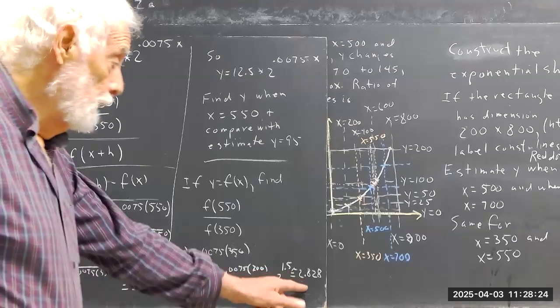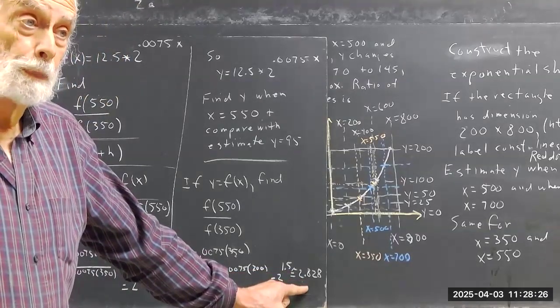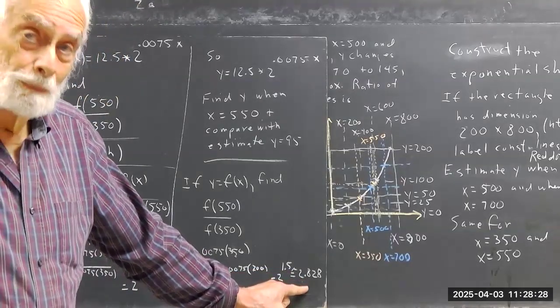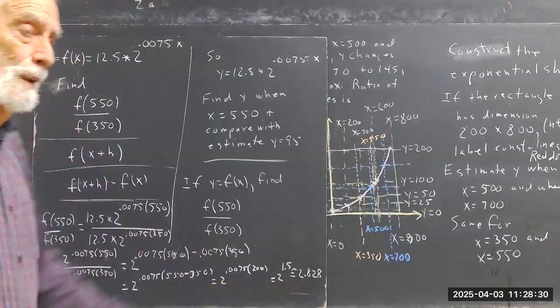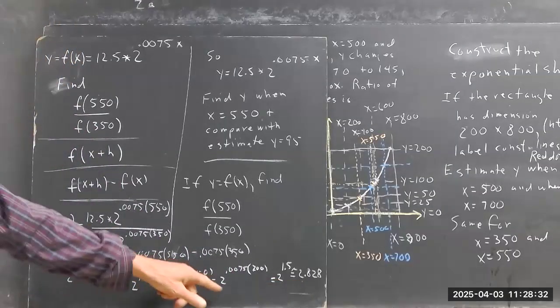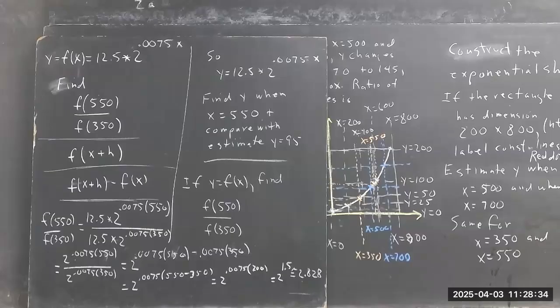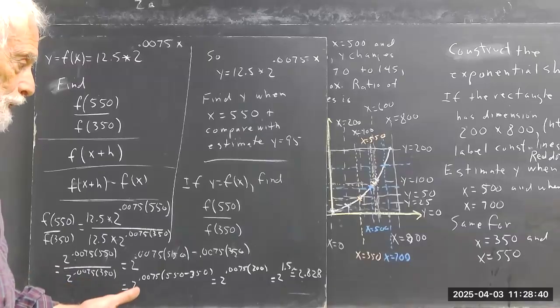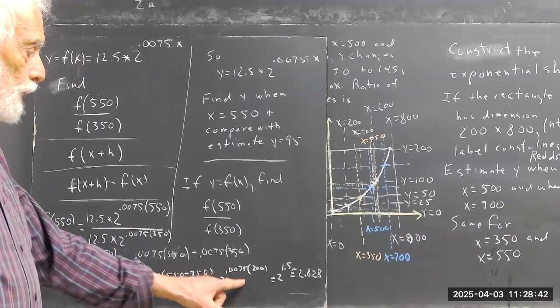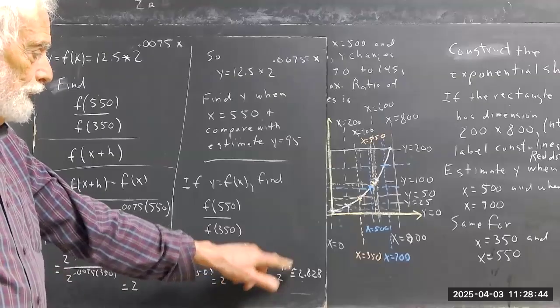Now, a lot of people ended up with this. I think most of you ended up with this number. That's good. Okay. But you see that it could have been done a lot more simply. Now, you might not think that's simple, but by simpler, I mean you can reduce it down a whole lot before you actually evaluate the number.